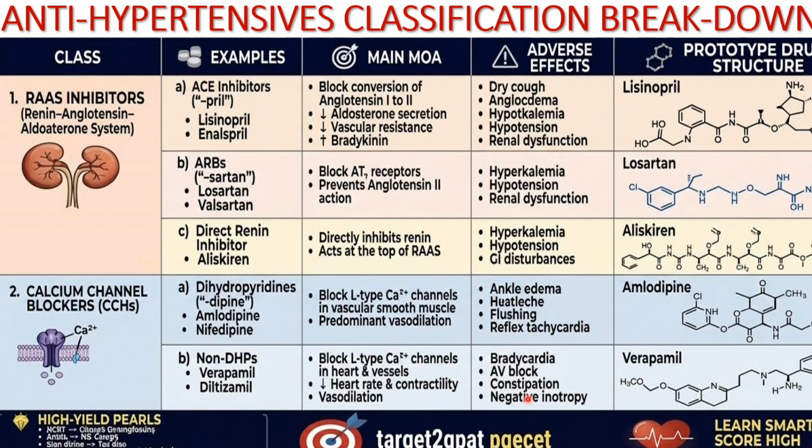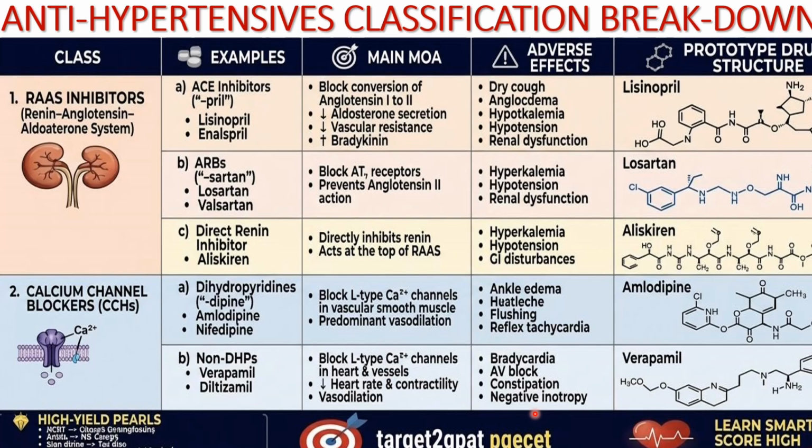This is the major difference between the two. Along with that, it causes AV block, constipation and negative inotropy. Though they have the same mechanism of action, these calcium channel blockers have differences in adverse effects.